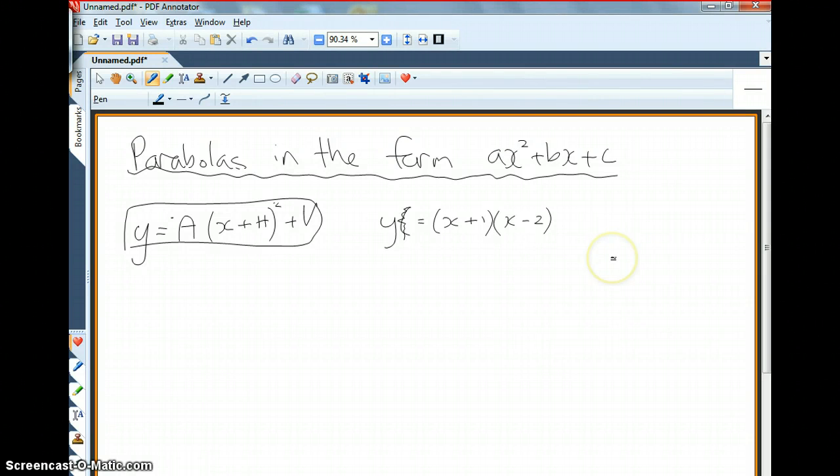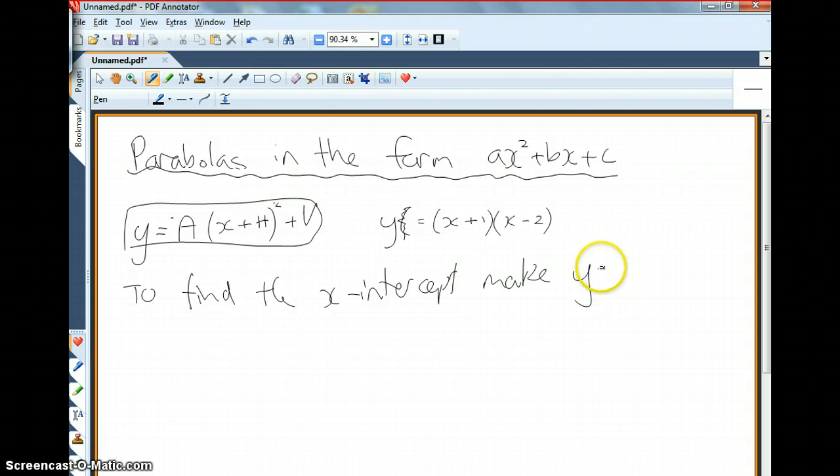Okay, so the method is, what do we do? Make what? Make y 0.